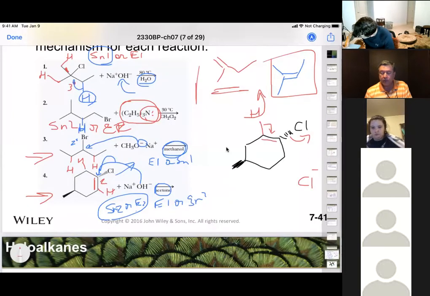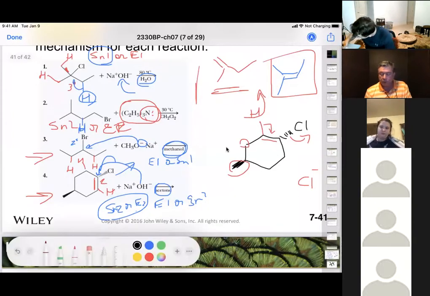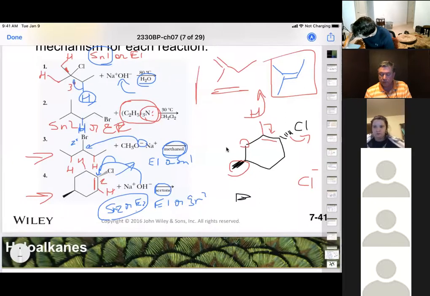Notice where the double bond ends up. The final product has that double bond with only one carbon in between the substituent and that double bond. Let me redraw the product with a double bond there. Does that make sense where the double bond is now?